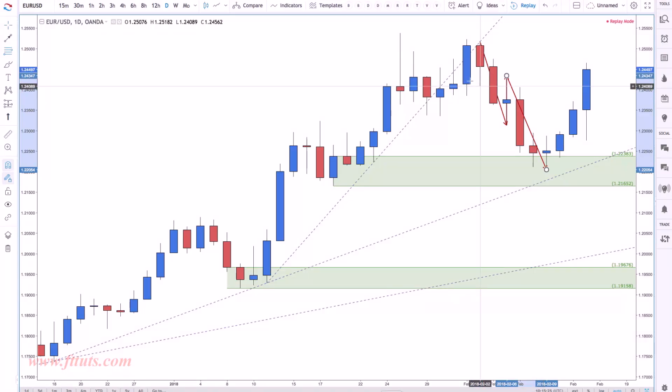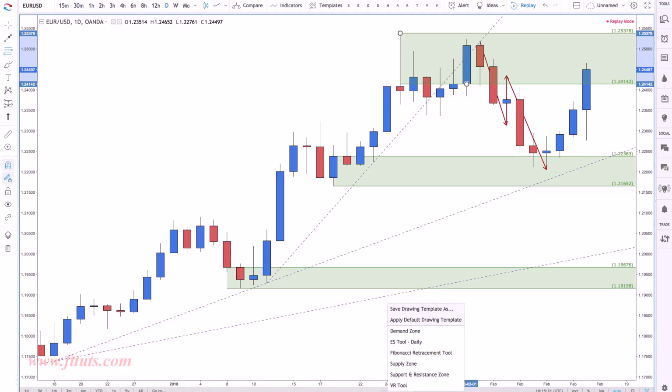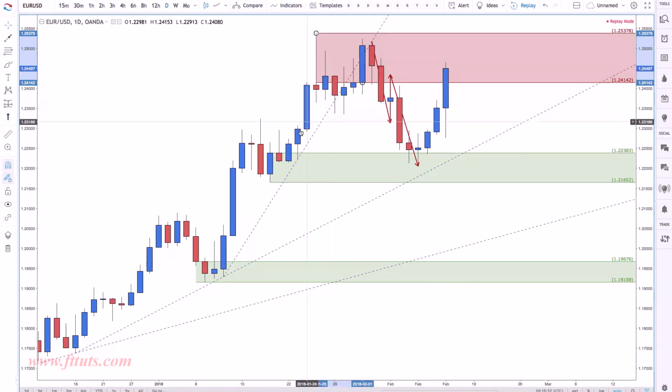Now this obviously is a level of supply. Again, it wouldn't necessarily be my favorite, because I prefer not a double top, or what looks like a double top, or price going sideways before it drops. I prefer the hard in, hard out.